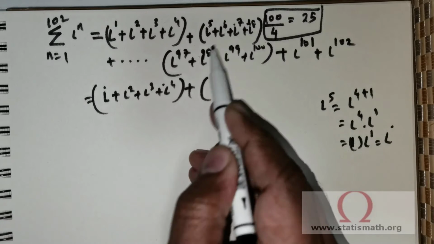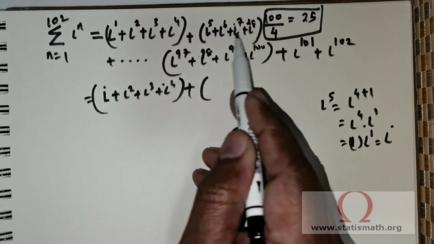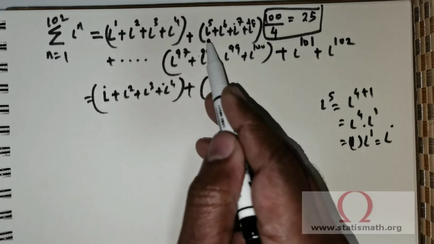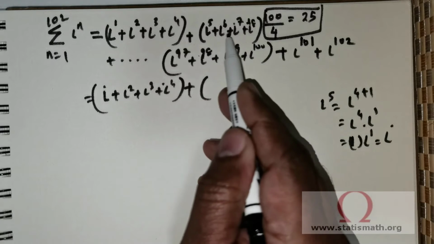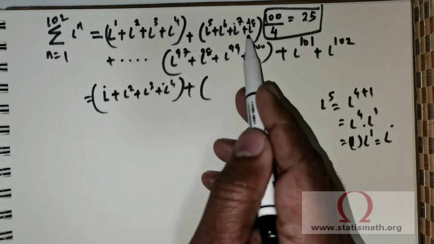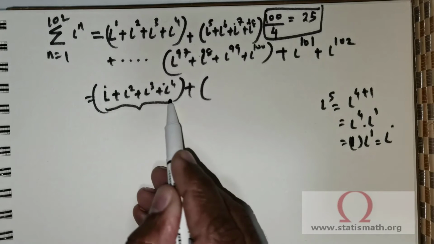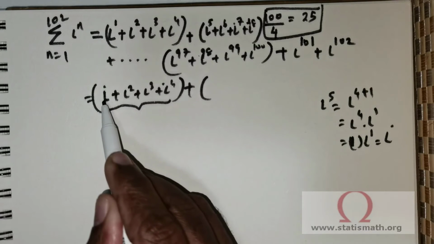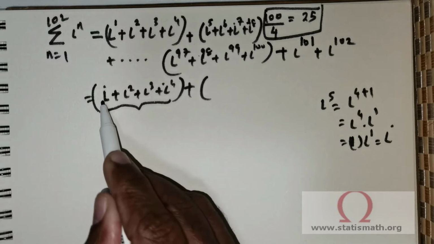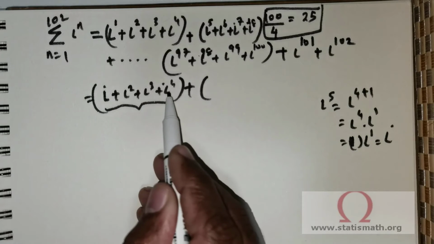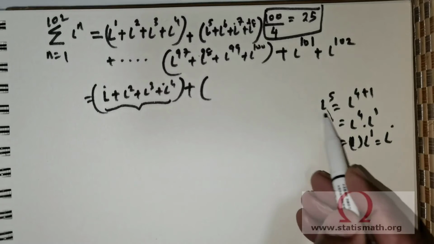Why have I written it in terms of 4? Because all the other parts of the expression can always be written in the fashion of the first part, which is i, i squared, i cubed, and i power 4, owing to the fact which I've just shown you here.